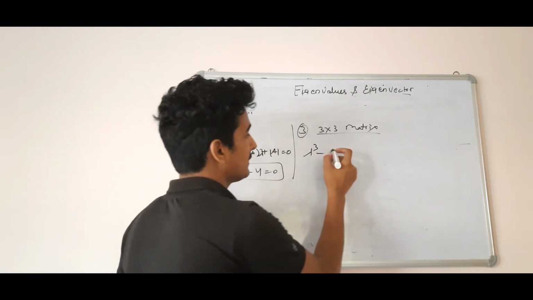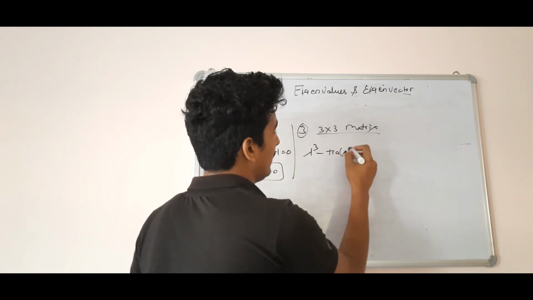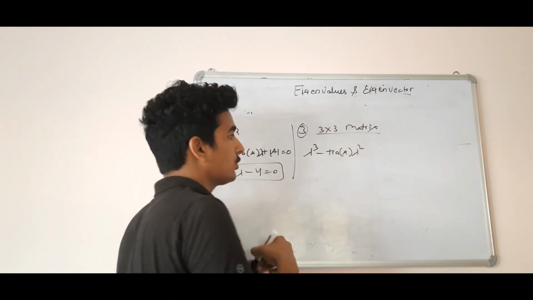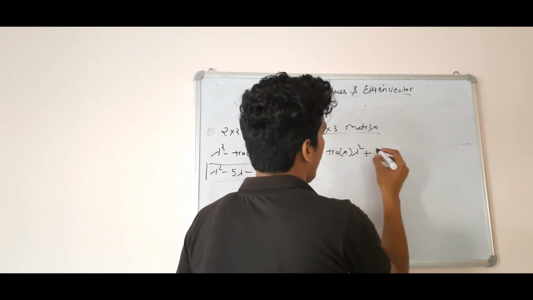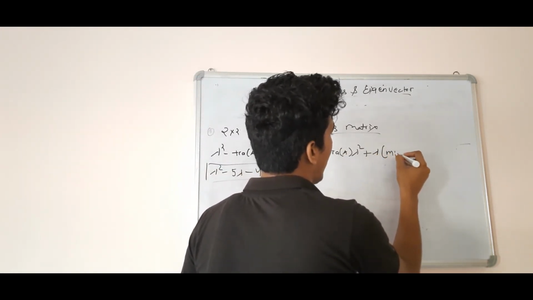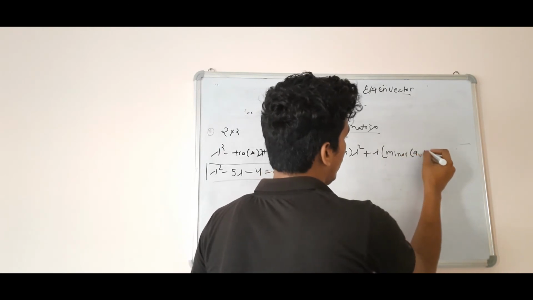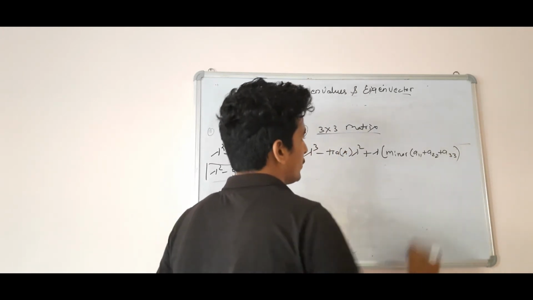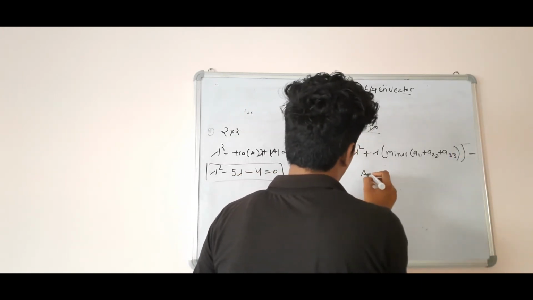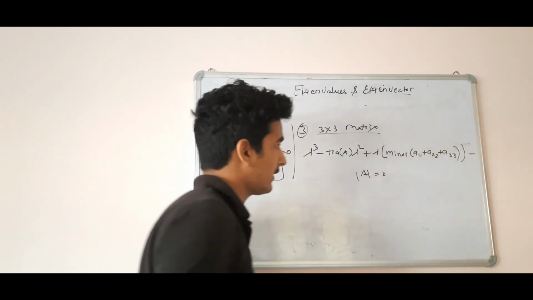So first this, then trace of A with lambda square, reducing the power, and then plus lambda times the minors of A11, A22, A33 added together, and last the determinant. So this is the polynomial equation.